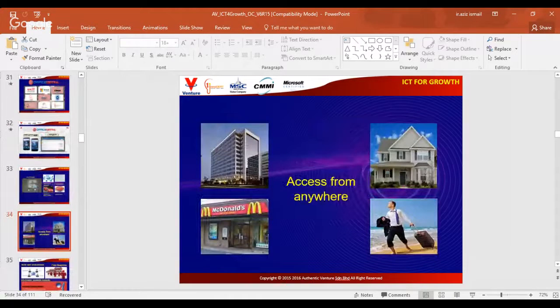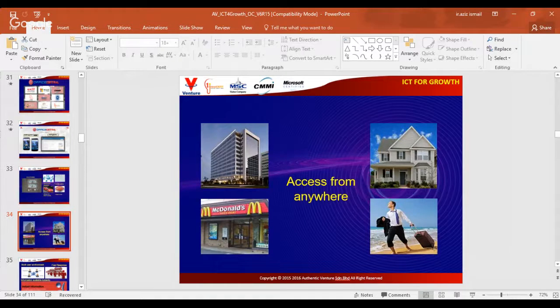And access anywhere, access anytime. This is the concept. In order for you to grow your business and grow your sales, you must get access from anywhere: the office, the house, while you are traveling, while you are having lunch.